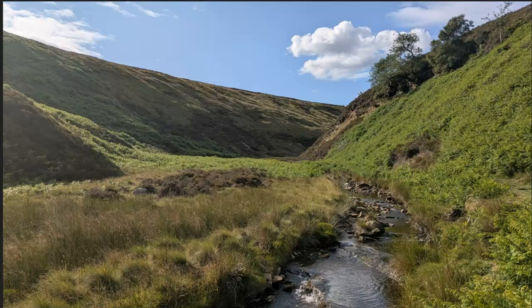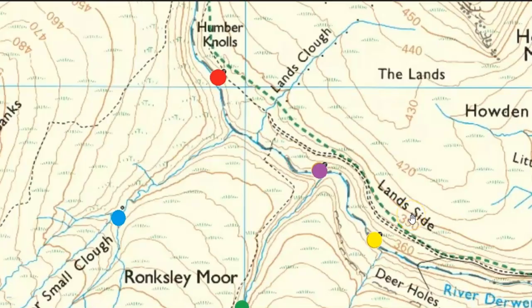A quick reminder on the photo: we'd expect to see this steep ground coming from quite high up on the right hand side, all the way down to the stream itself. So let's have a look at red. Just upstream from red, we can see the contours are very tight all the way down to the stream. At purple, upstream, no, they're not.